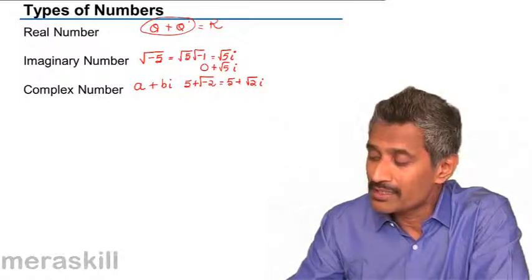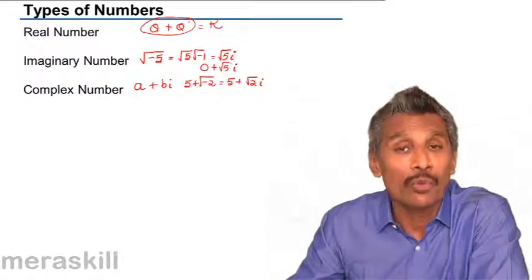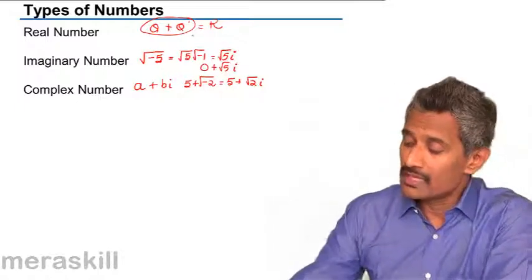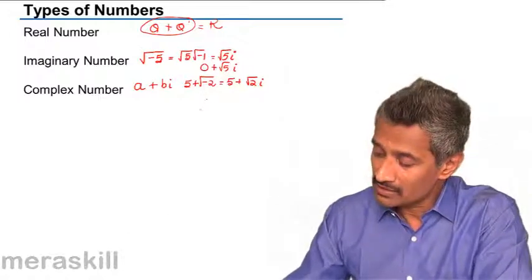So we have to understand what to do whenever in a quadratic equation we get this kind of situation. So these are the kinds of numbers. Let's quickly recap the types of numbers.